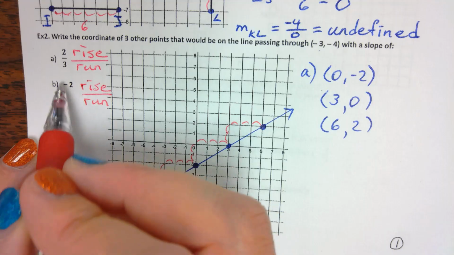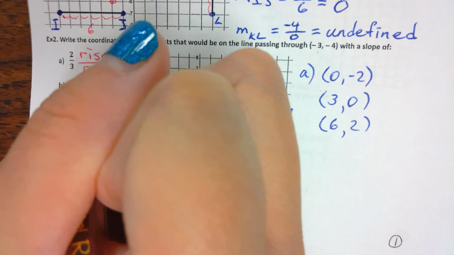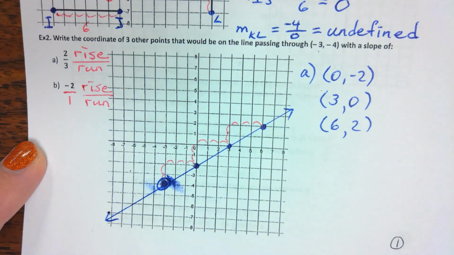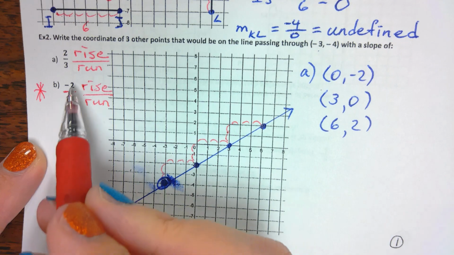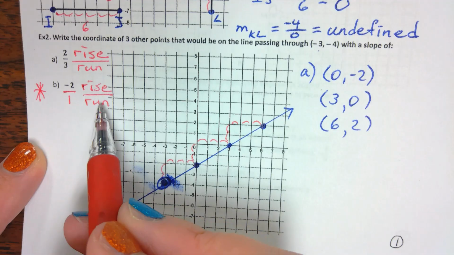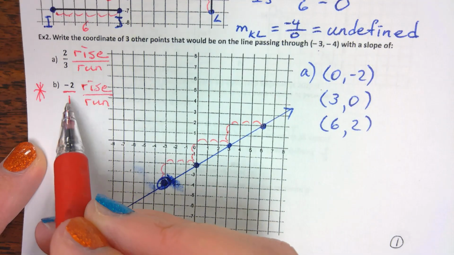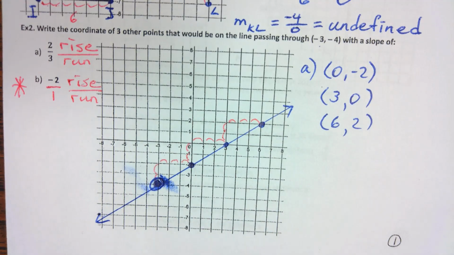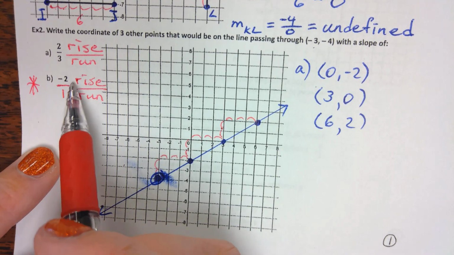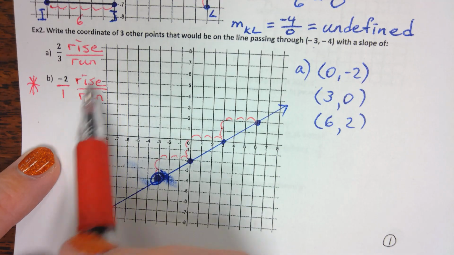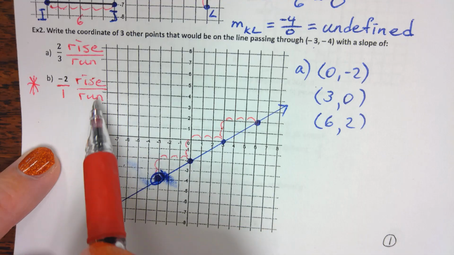If it's an integer, always put it over 1. So remember this: whenever it's an integer and you don't see a rise over run, your run is 1. It's not 0, because as we know, if it's 0, it's undefined. So -2 is the same as -2 divided by 1. And so now I see my rise, I see my run.